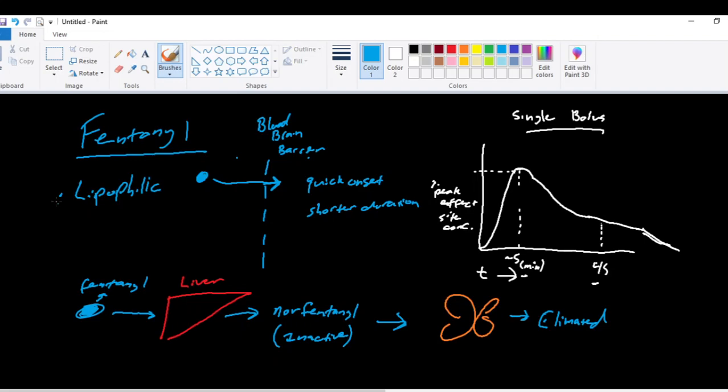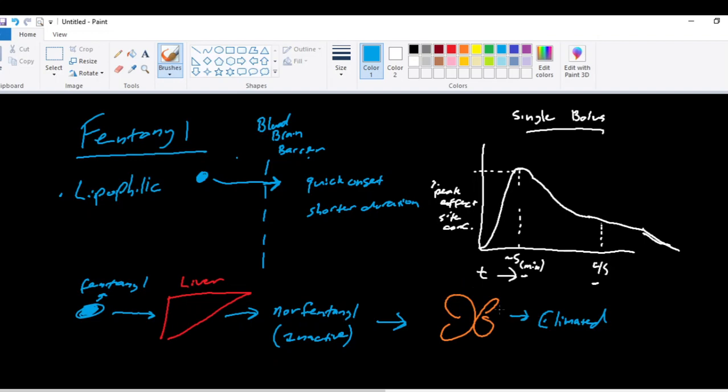Like I said, fentanyl is pretty lipophilic, it's lipid soluble, it has a quick onset, it has a shorter duration, it's able to cross that blood-brain barrier faster because of its lipophilicity. If you administer a single bolus of fentanyl, the onset is usually about 5 minutes, duration is about 45 minutes. It is metabolized in the liver to norfentanyl, becomes inactive, eliminated with the kidneys.